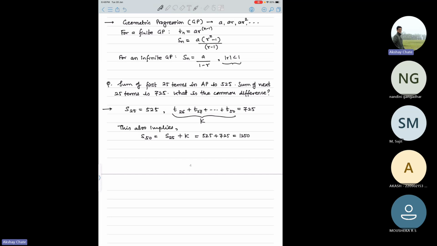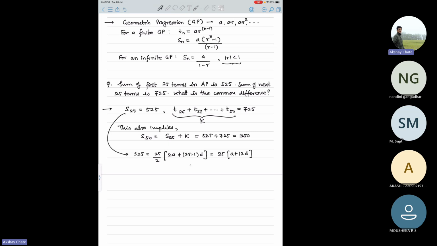So what we can do now is, let's use this one. S25 is 525, right? So that means 525 will be 25 by 2 into (2a plus (25 minus 1) into d). So that essentially is 2a plus 24d. If I take 2 common, this denominator 2 gets cancelled out. So this will just become a into (12 plus d).